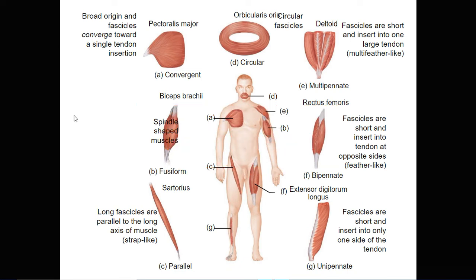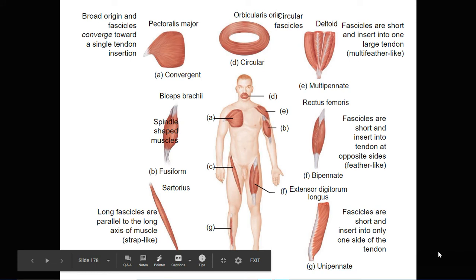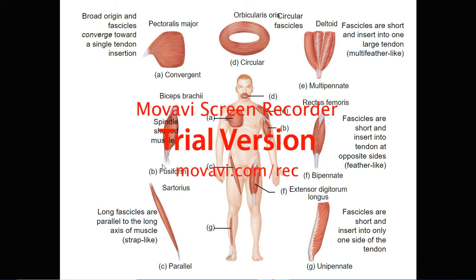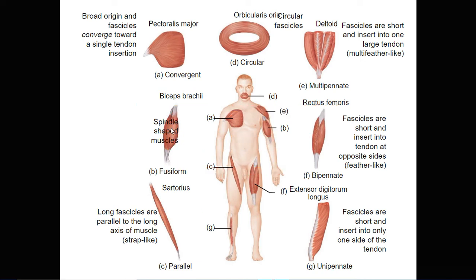Your spindle-shaped muscles are tapered on both ends with an expanded belly, but the fascicles are running parallel.